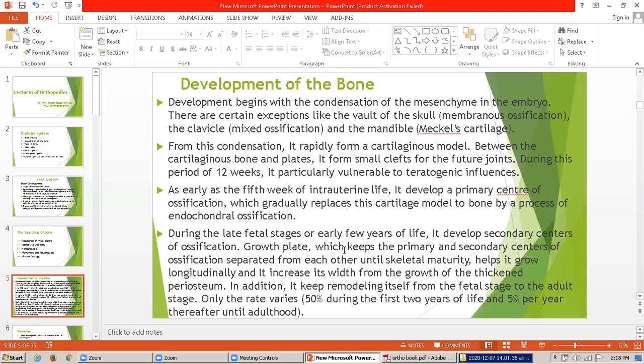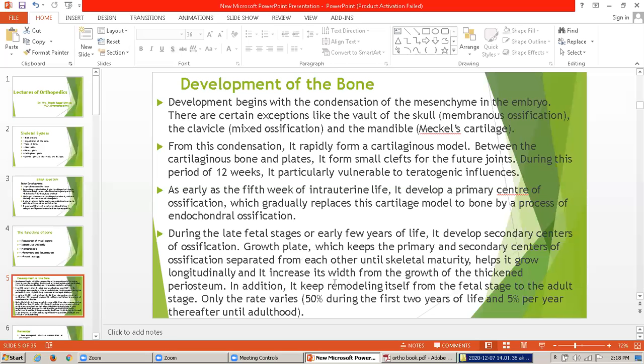Growth plates keep the primary and secondary centers of ossification separated from each other until skeletal maturity. So it helps the bone to grow longitudinally, and it increases its width from the growth of the thickened periosteum.